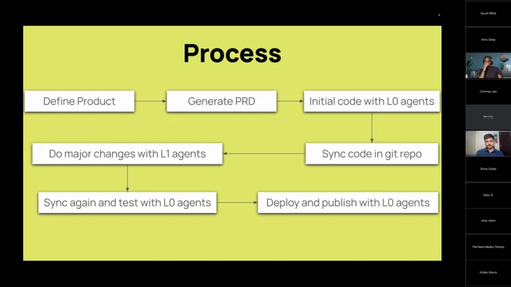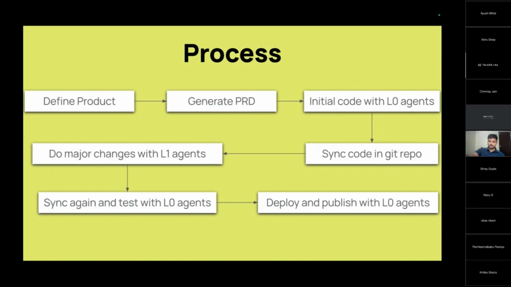If you are picking up a complex project which involves many screens and multiple workflows, it's better that you define the product yourself first: what the screens will be, maybe create a rough wireframe, and understand what all user journeys will be part of it. Then, using that, you should generate a PRD using an LLM. You can use any LLM, ChatGPT or Claude, and I'll walk you through this process.